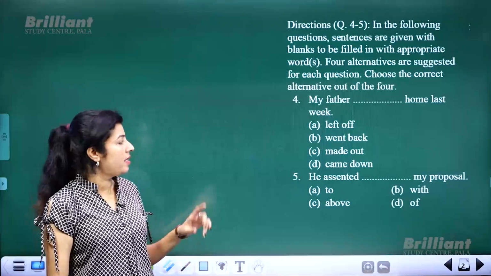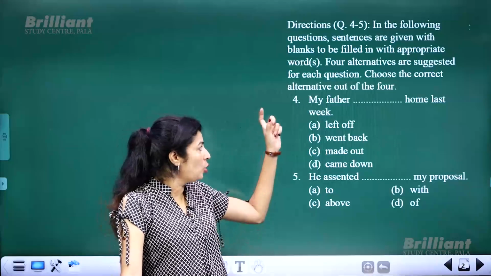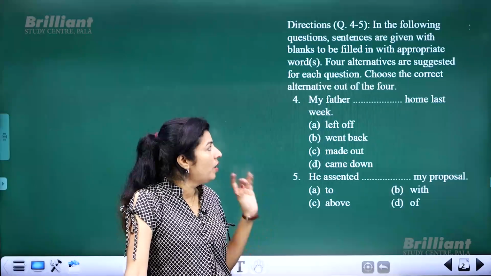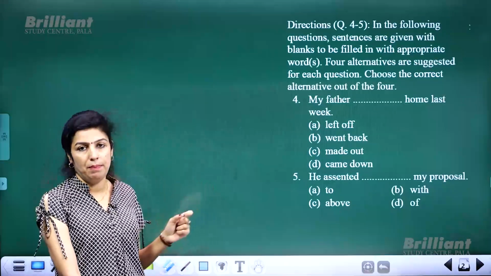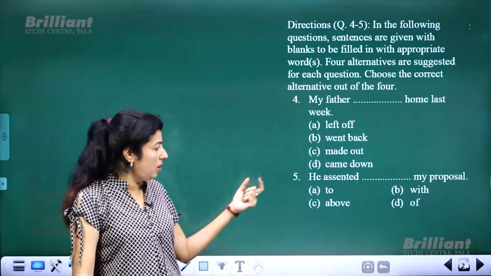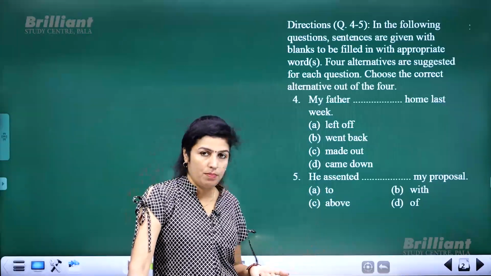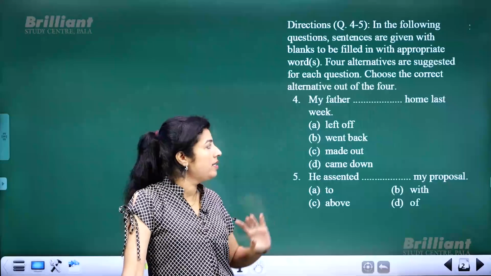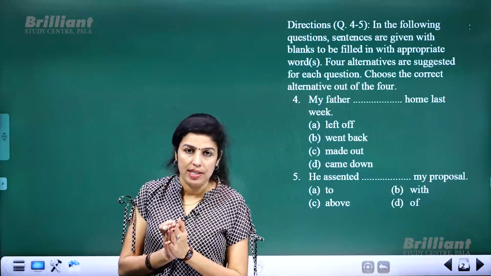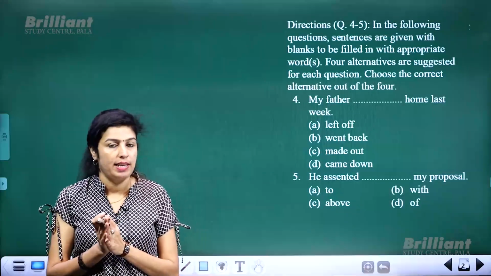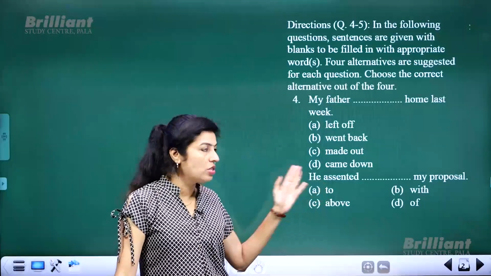Now the next set of questions, 2 questions, 4th and 5th, where you need to find a word with which you can fill up the blank. In the second sentence it's the use of a preposition, and the first one is the use of a phrasal verb. You remember we discussed phrasal verbs last time in one of those sessions, and we also discussed the use of prepositions.